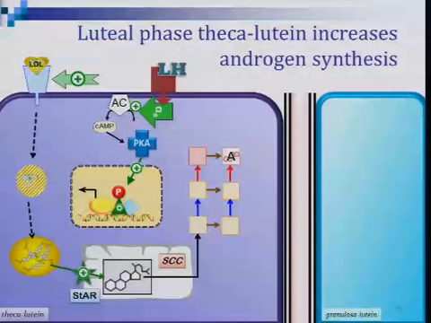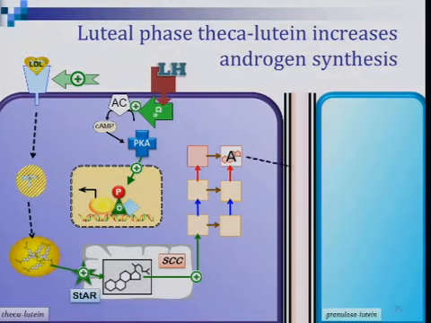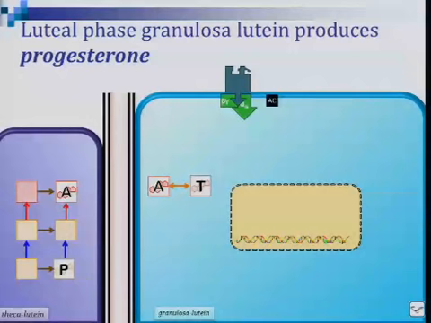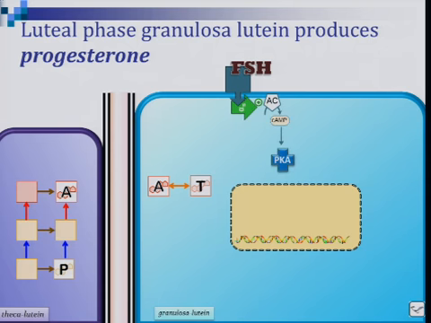It also stimulates synthesis of steroid acute regulatory protein and the side chain cleavage enzyme to boost androstenedione synthesis, which then diffuses into the granulosa lutein. The granulosa lutein, which is in the luteal phase, produces progesterone. Here are the FSH receptors. FSH then activates protein kinase A.